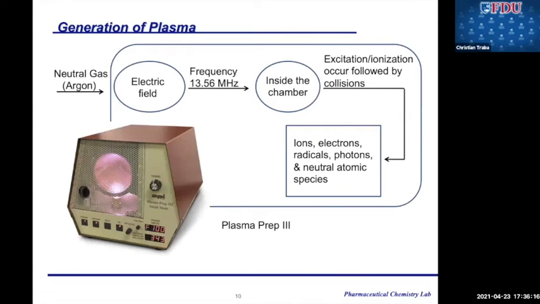In this slide, we see a schematic diagram of the Plasma Prep 3 device. This is our equipment that we used for our modifications. Plasma is a reactive cloud of ions, electrons, radicals, and neutral atomic species. A plasma can be produced by supplying energy to a gas in many different forms.